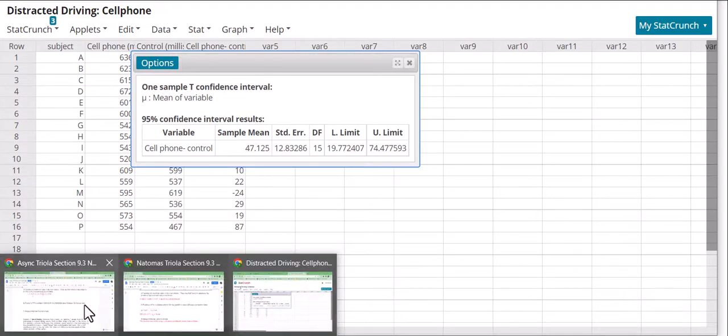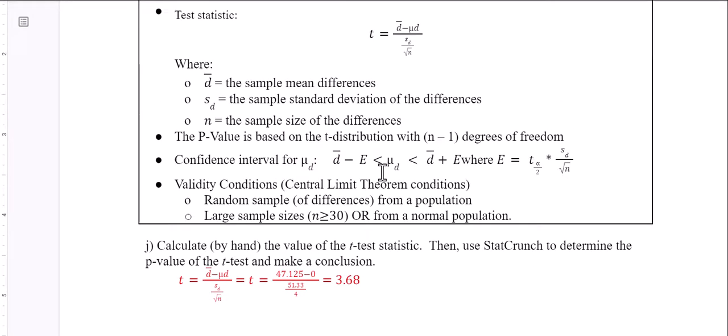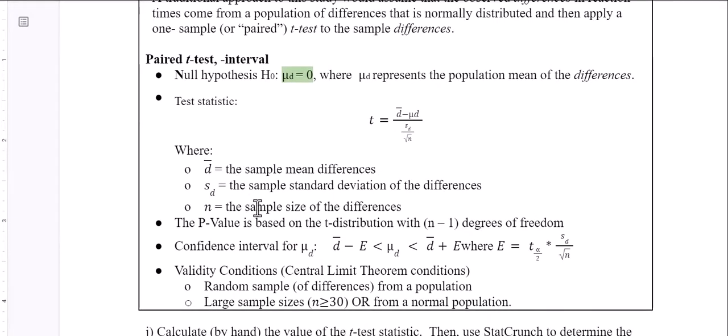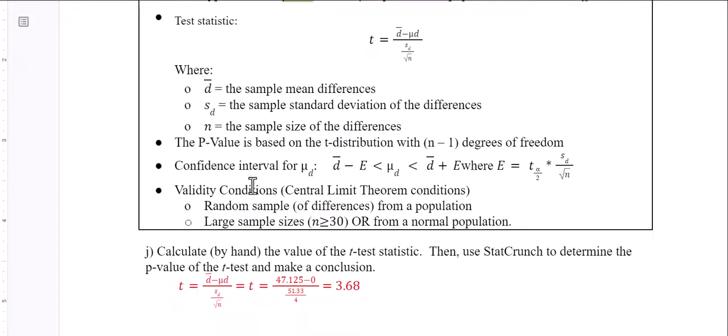If I wanted to do it by hand, then here I give you the tools to do that. The confidence interval is d bar minus the margin of error, and d bar plus the margin of error gives us the upper limit, where the margin of error is t sub alpha over 2 times the standard deviation over the square root of n.